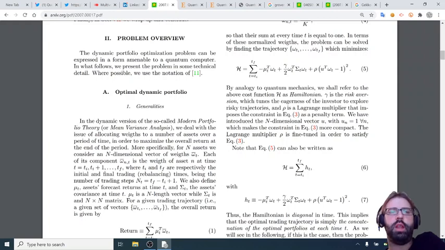Mu t is the n-length vector, while this is an n by n matrix. So this is the covariance, I guess the covariance of each asset against all the others, right? Yeah.